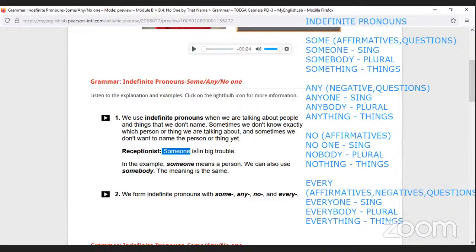That's why it works with is in this case. So always like a third person. Someone is in big trouble. We are using it in an affirmative sentence. So is it okay? Yes.